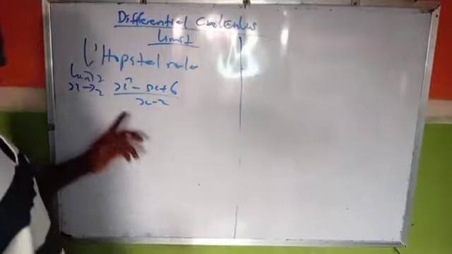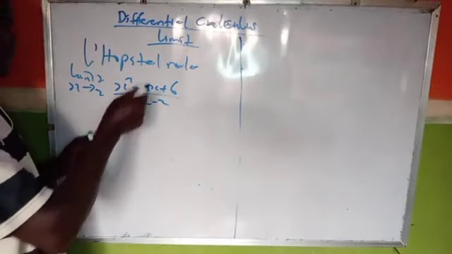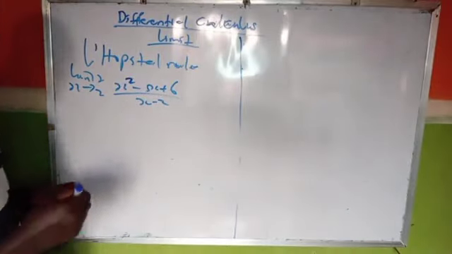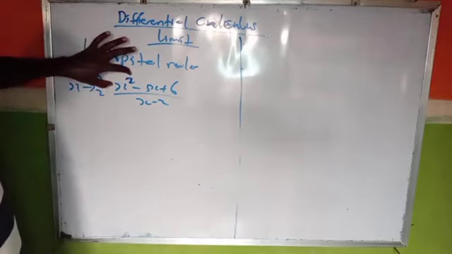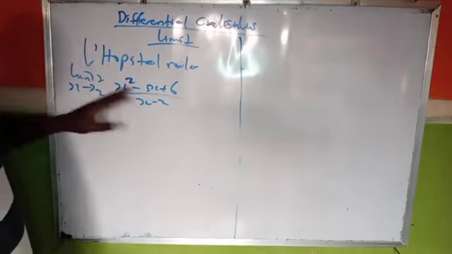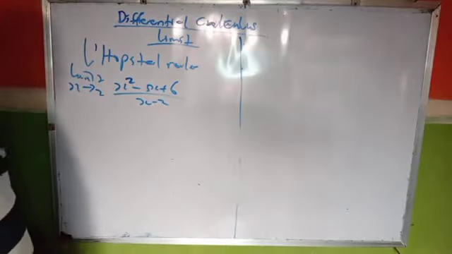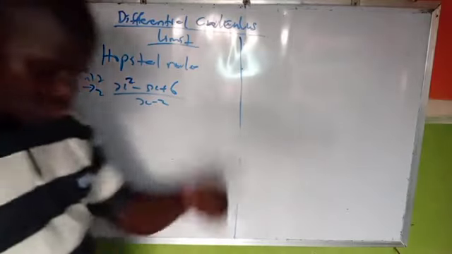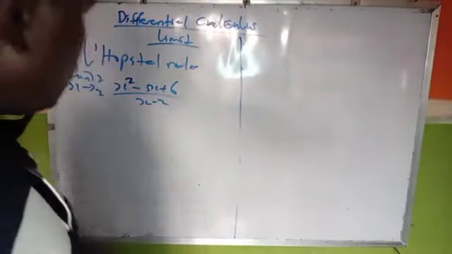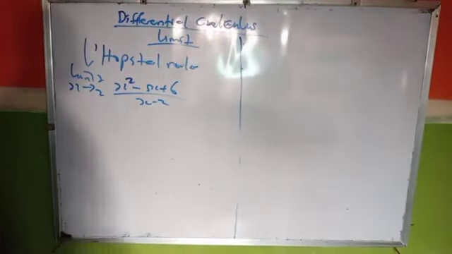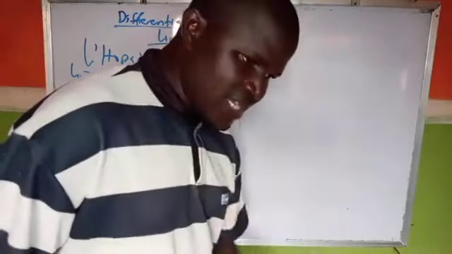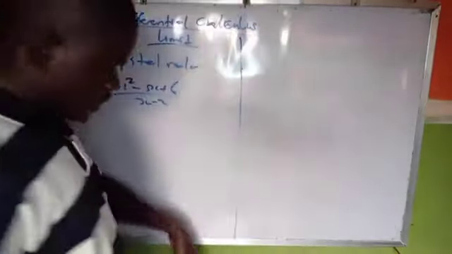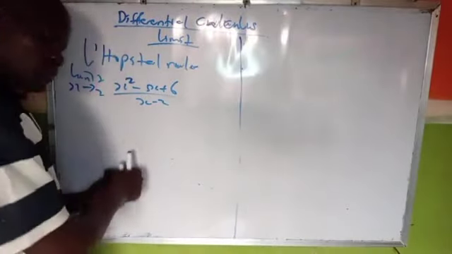What it says is that you differentiate this and you differentiate this. When you differentiate the two, you can now substitute. That is the L'Hopital rule. Now look, differential calculus, that's what we are going to. But you can have knowledge of it now.